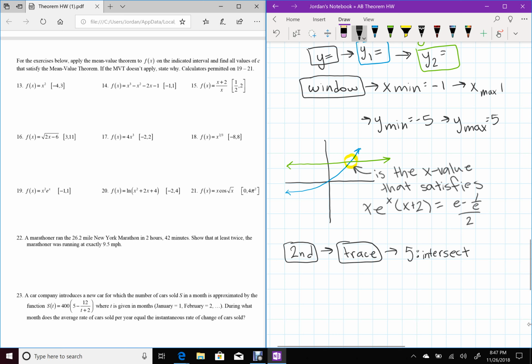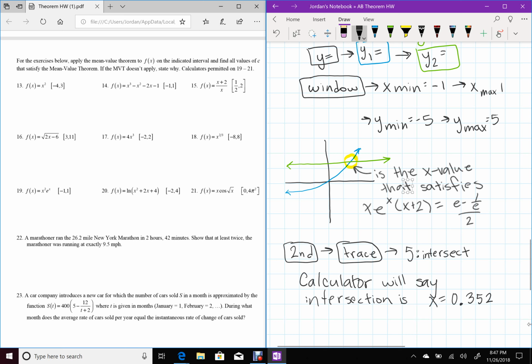And the calculator will say that the intersection is at x equals 0.352.